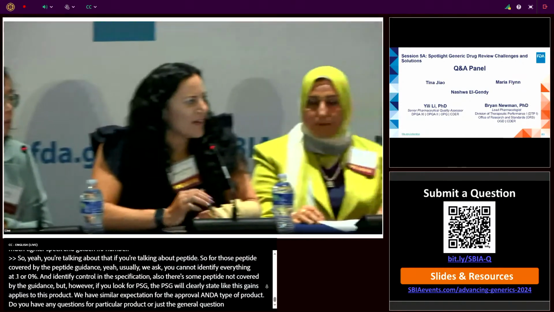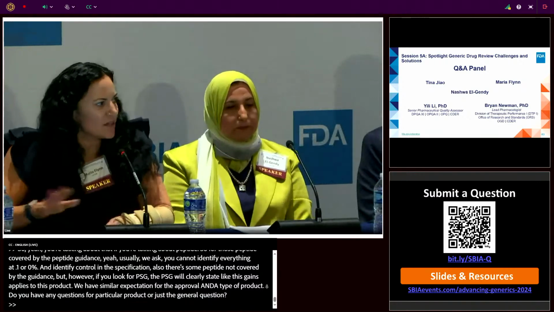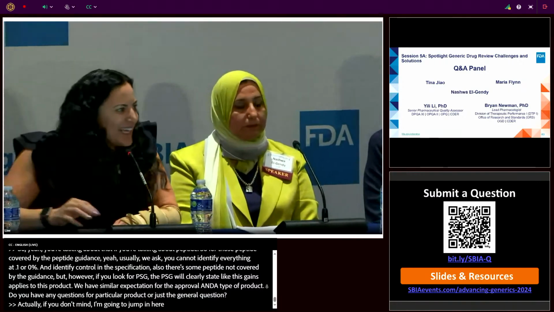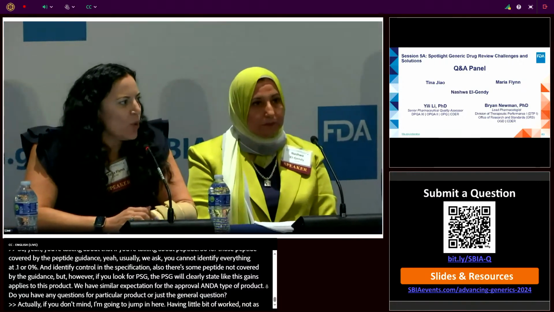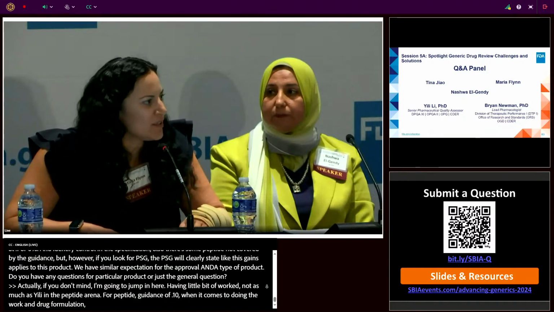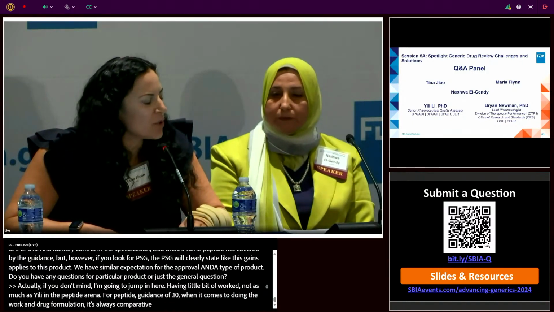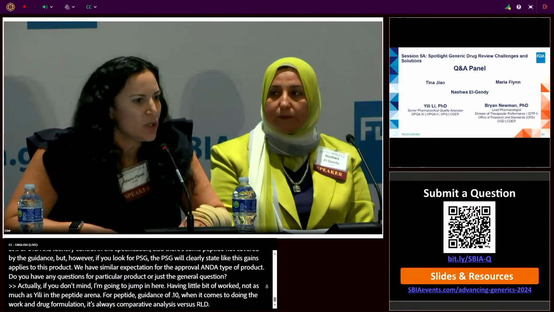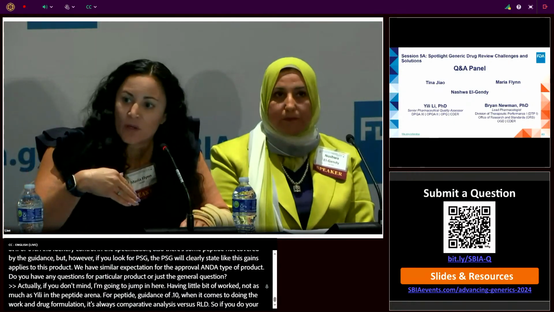Actually, if you don't mind, I'm going to jump in here, having a little bit of work, not as much as you, Lee, in the peptide arena. What we really look for in peptides, while that's the guidance of 0.10, when it comes time to doing the actual work and drug formulation, is always the comparative analysis versus the RLD. So if you do your homework really well in P2, you're looking at the impurity profile of the RLD.